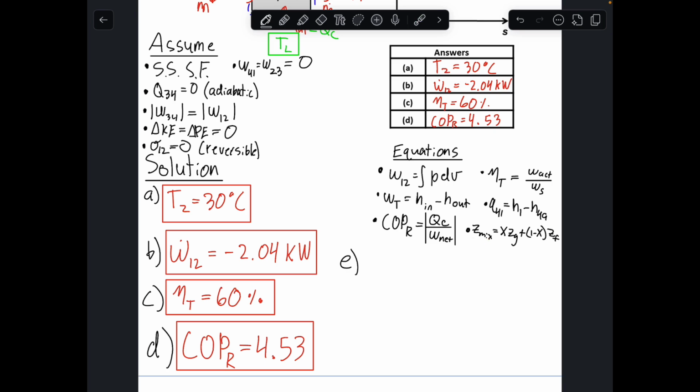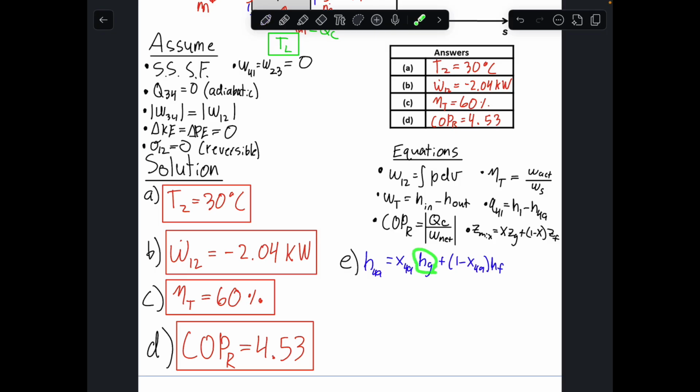So let's start with finding the quality, like we said. So our h at state 4a is going to be equal to, looking at this equation, our x at state 4a times hg plus 1 minus x4a times hf.